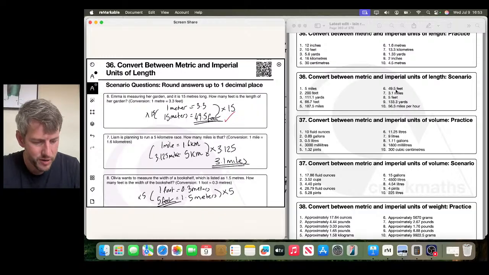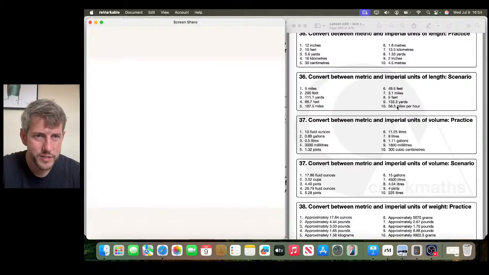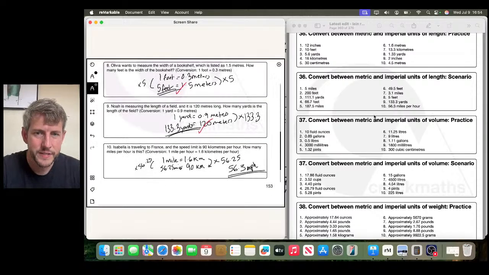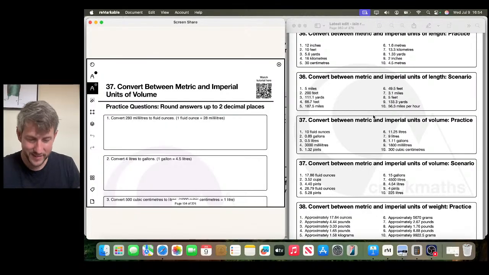I can see that's right. 3.1 miles. Perfect. 5 feet. Excellent. 133.3 yards. Yeah, that's very good. And 56.3 miles per hour. Okay, great. Topic 36 complete. We're well over halfway now.